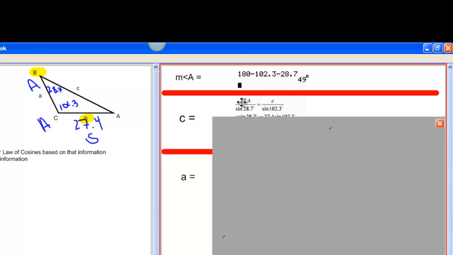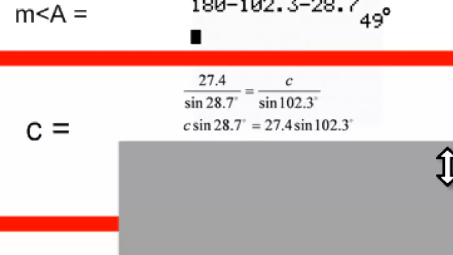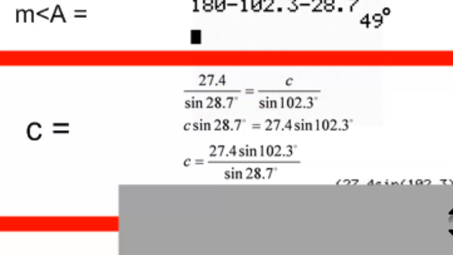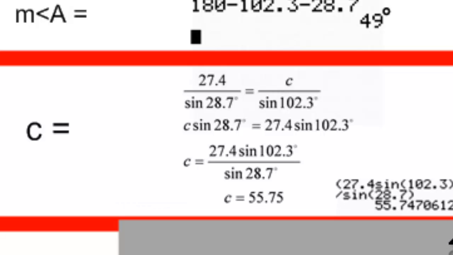The proportion I set up was side b, 27.4, over sine of 28.7 degrees, equals c over sine of 102.3 degrees. I cross multiply to yield c sine 28.7 degrees equals 27.4 times the sine of 102.3 degrees. Next, I divide both sides by the sine of 28.7, and when I put that in my calculator, I ended up with 55.75, and that would be the length of side c.